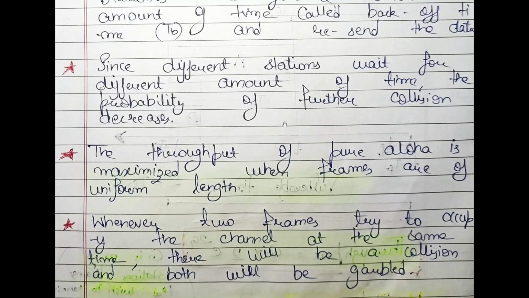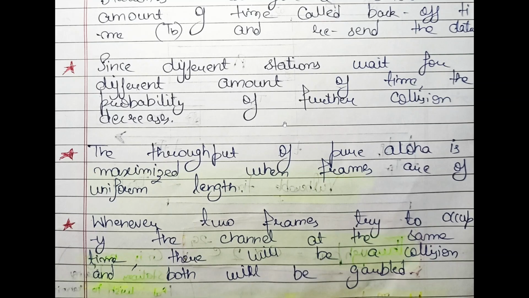Now we are again sending the data, and this time my frame's length is longer than it was before. If the other person is still having the smaller length, or he may also be using the longer length, it doesn't matter, if my length is longer they can collide with each other. This is the problem in it.